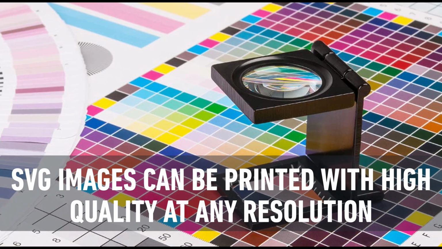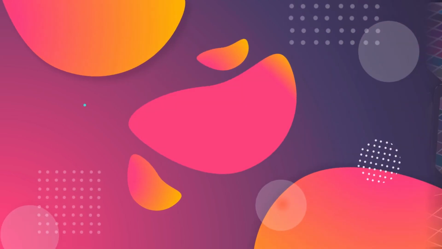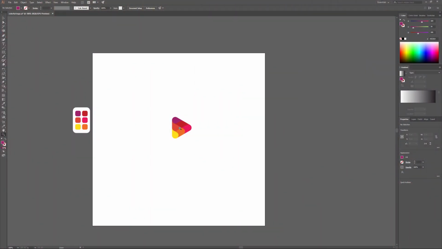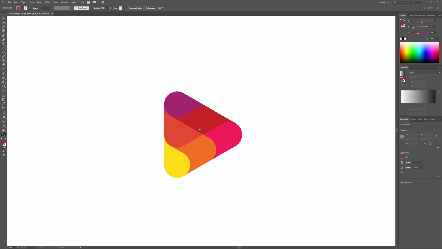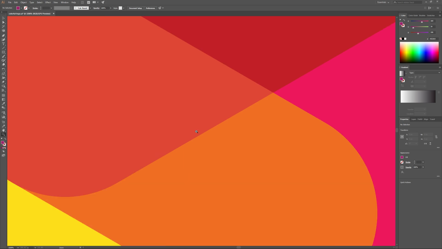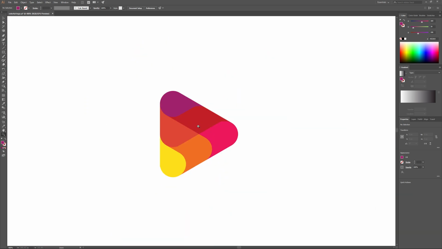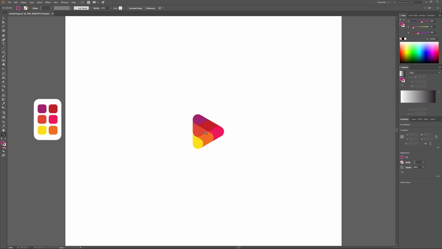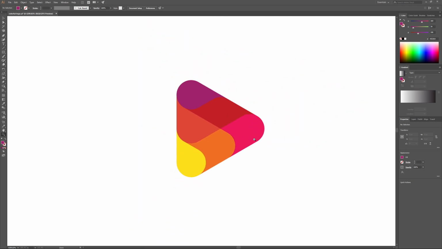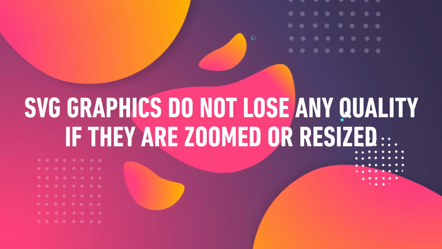SVG images can be printed with high quality at any resolution. SVG images are zoomable. SVG graphics do not lose any quality if they are zoomed or resized.